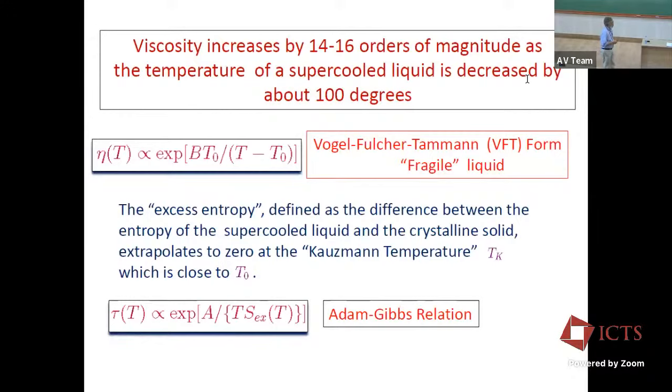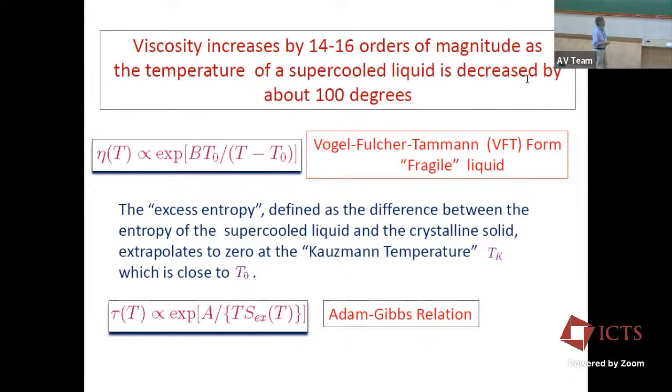But here, experiments suggest that for a certain class of liquids, which are called fragile liquids, one has this behavior. And this apparent divergence can be related to the vanishing of this excess entropy. You see that this tau would go to infinity when this excess entropy goes to 0.